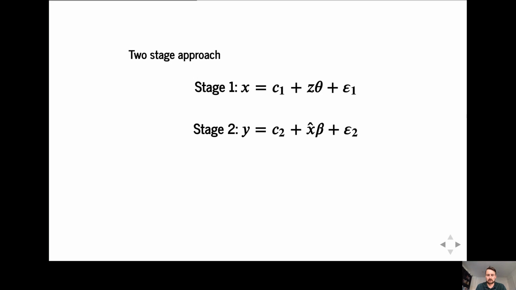So x hat in this case. x hat is being estimated using the estimates coming from the first stage. And what's good to note here is that x hat itself is not deterministic, but actually has a beta distribution, which we will come back to later on in this talk.